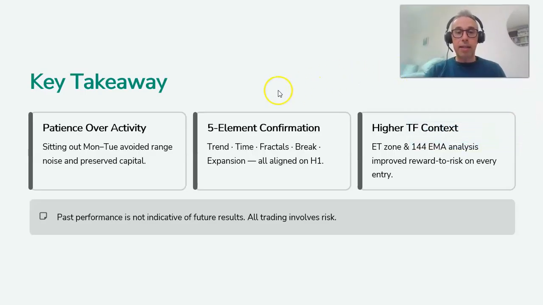Yeah, that's it. Key takeaways: well, basically patience at the start, of course, and also with riding those trades, using higher time frame analysis first, then diving into lower time frames and looking for confirmation with my ET zone indicator and impulses and support or resistance.